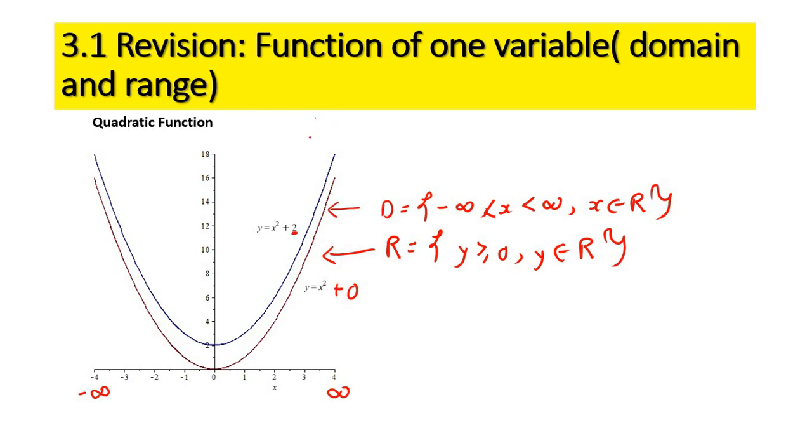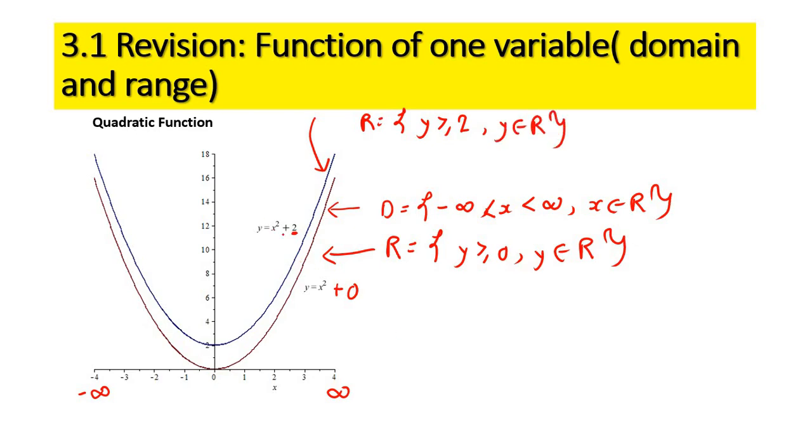But for y equal to x squared plus 2, the domain is the same, because you pick up negative value of x, positive value of x. But the range, you see here, the graph starts at minimum y equal to 2. That's why the range will be y greater than or equal to 2.